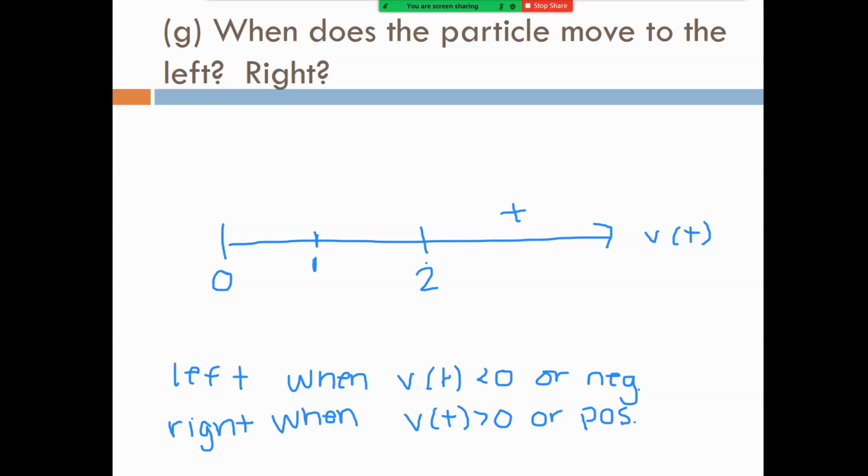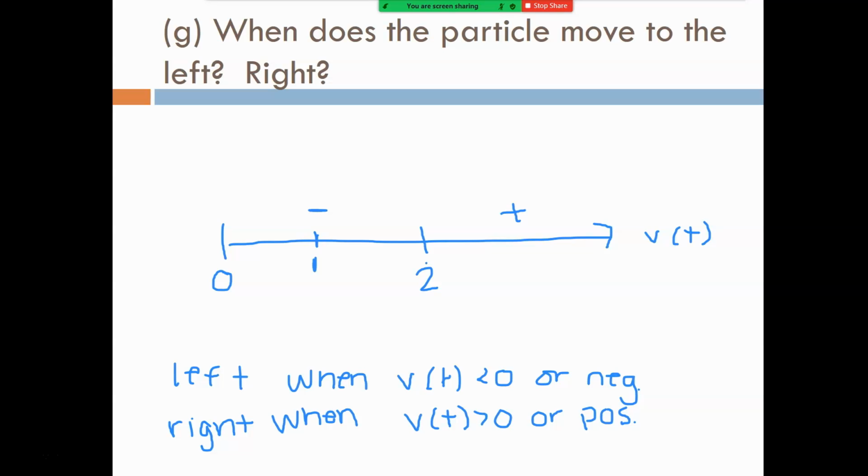Okay. So in the case of this problem, at 3 and 4, we know it's positive. At 1, 2 times 1 is 2, 2 minus 4 is negative. So at 1, it's negative.